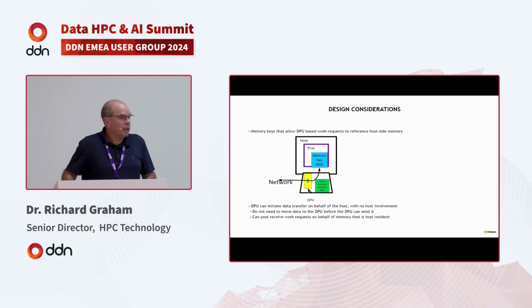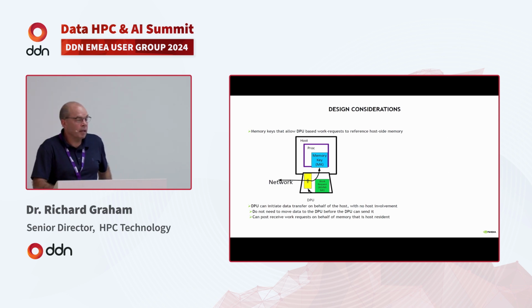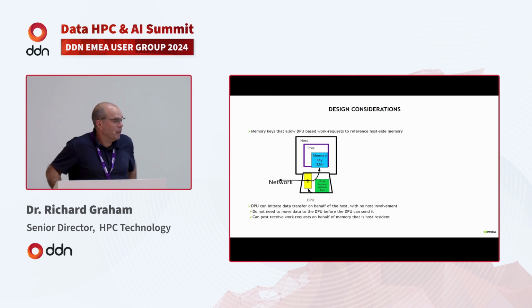There's another capability that exists with BlueField, in that you can use the BlueField card to generate network activity, whether it's sending data, receiving data, or the like, on behalf of data that's host resident.